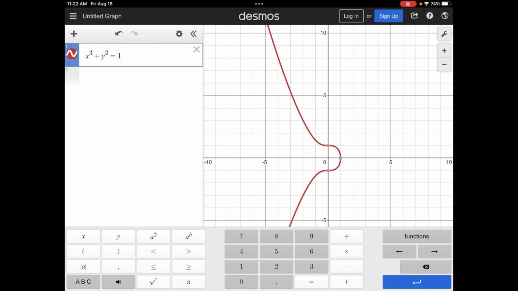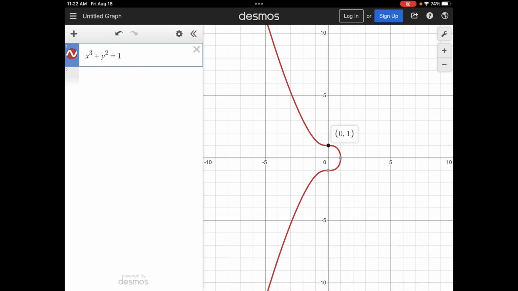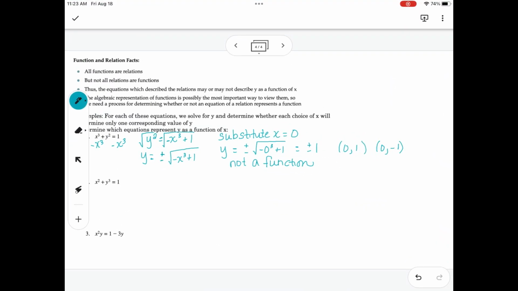And we can see that, first of all, we have our two values here. We have (0, 1) and (0, negative 1) that we had substituted in. But we can see that there's going to be lots of places where, if we drew that vertical line test, it would cross the graph in more than one location. So that's a way we can visually see that as well.